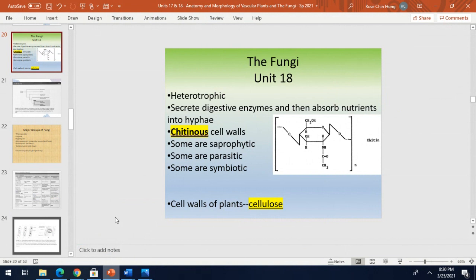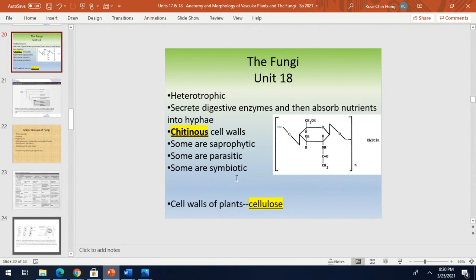So the fungi, how do they get their food? They're heterotrophic, and some of them are saprobic or saprophytic, which feed off dead material. And some are parasitic, which is not good. And some are symbiotic, which is very good. So how do they get their food?